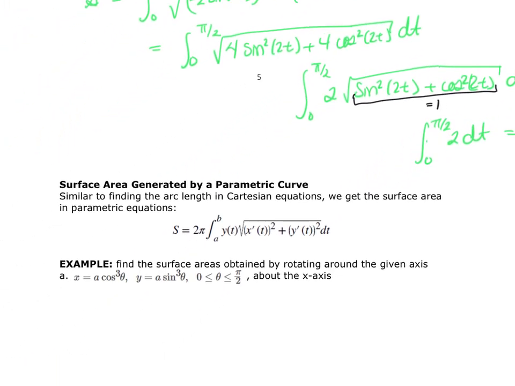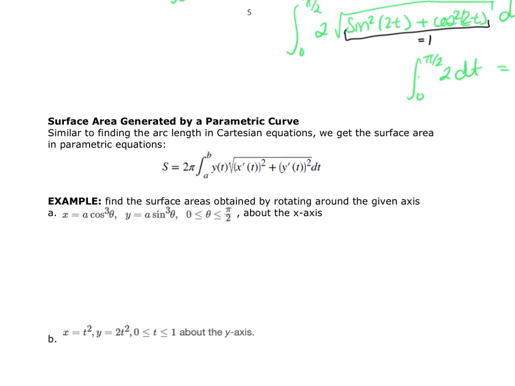Now, similarly, I'm going to find the surface area generated by the parametric curve, and it's going to be similar to what I had before. Notice I still have my derivative of x with respect to t, the quantity squared, and my derivative of y with respect to t, the quantity squared. The only thing that's different is this value out front, which is y, and of course, we have this 2 pi.